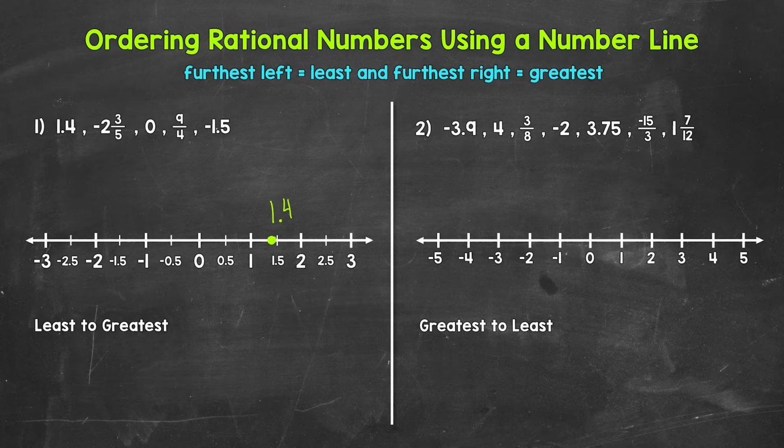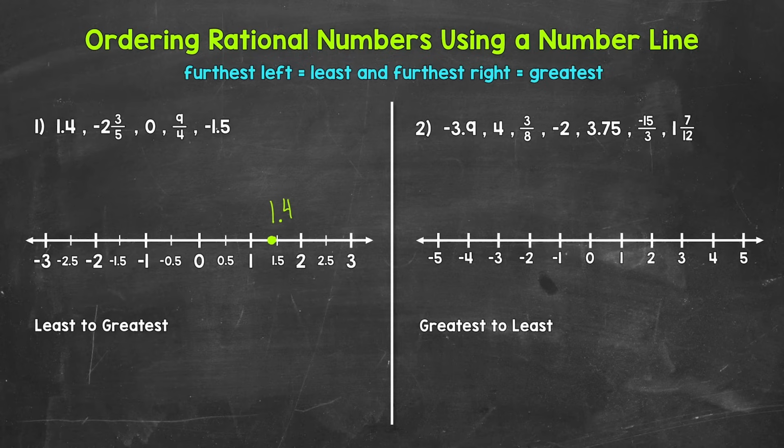Now, we can place this as is, as a fraction, but it's helpful to have everything in the same form. So everything in fractional form or everything in decimal form. Remember, fractions can be written as decimals and decimals can be written as fractions. Let's write this in decimal form along with any other fractions since the number line has decimals.